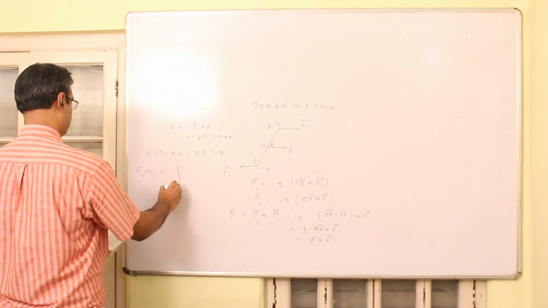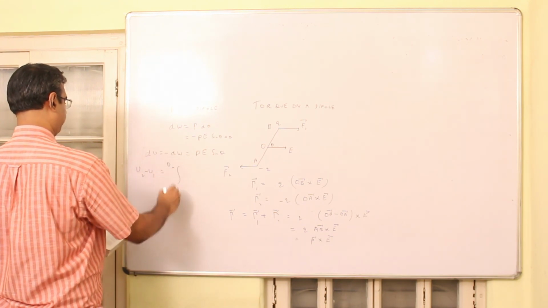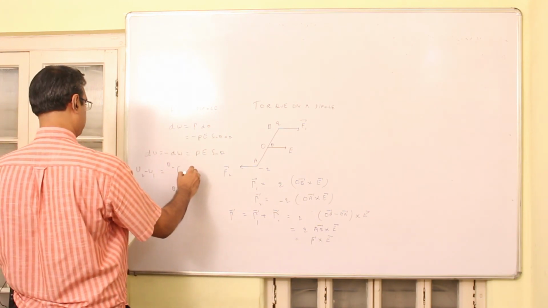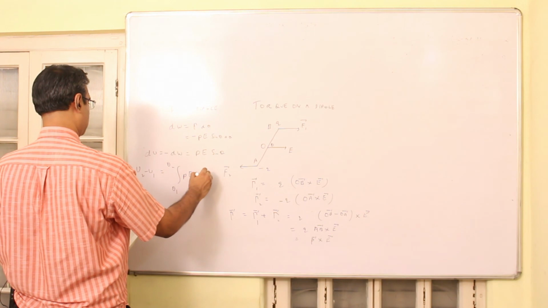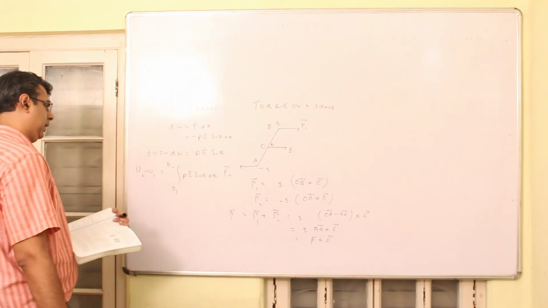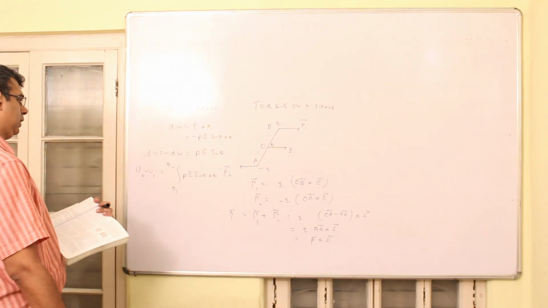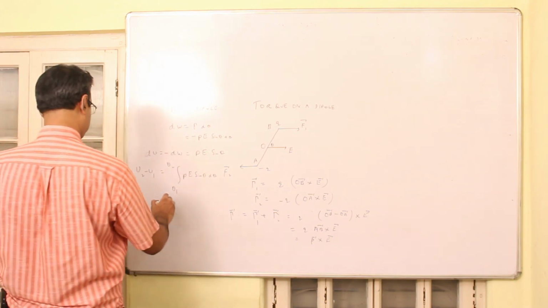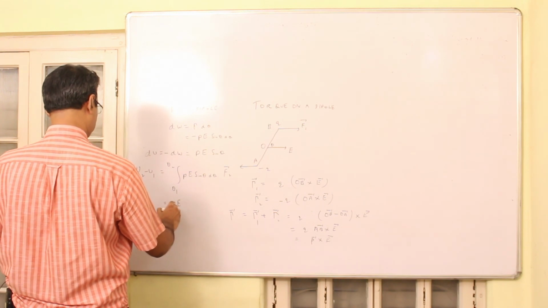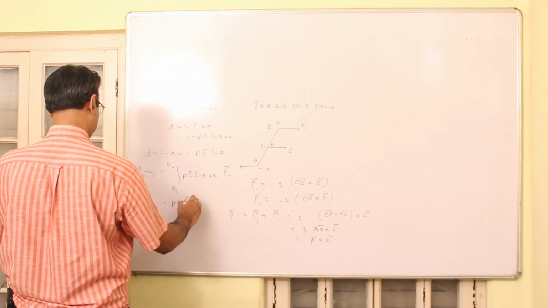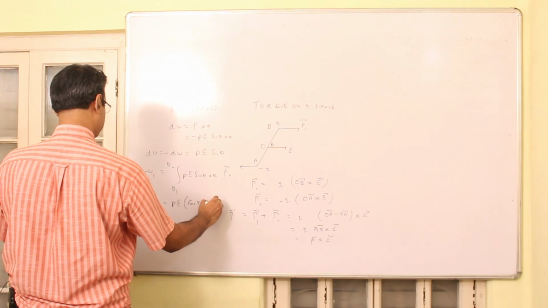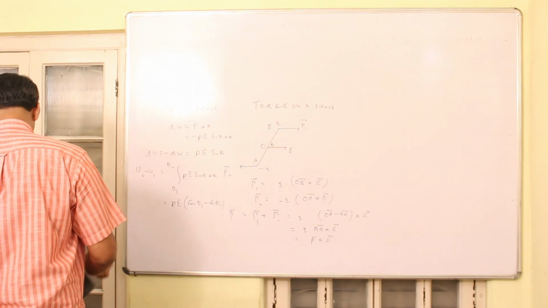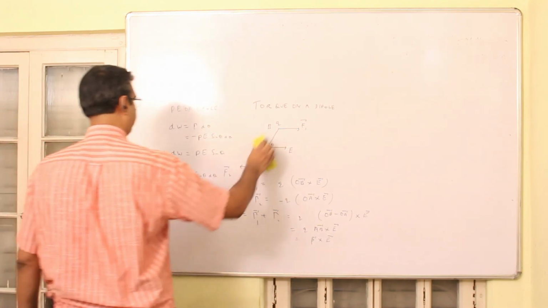So if you rotate the dipole from an initial angle theta 1 to a final angle theta 2, then U2 minus U1, the change in potential energy, is the integral of PE sin theta d theta from theta 1 to theta 2. Now after integration and substitution of limits, you will get PE into cos theta 1 minus cos theta 2.